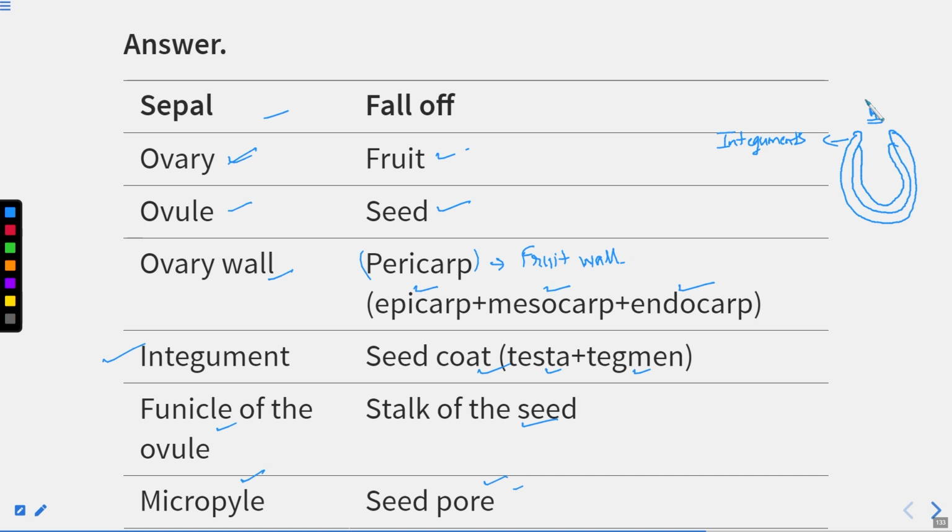Seed pore. This is the chalazal end. Here is the embryo sac, with two polar nuclei, one egg cell, two synergids, and three antipodal cells. Here is the funiculus. This forms the stalk of the seed. So this is clear.